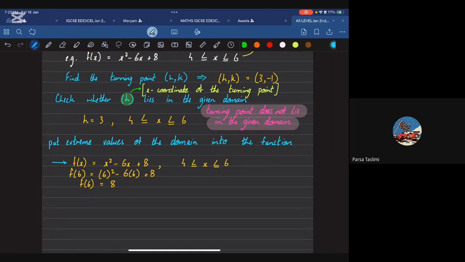It's just as simple. f of 4 is going to be 4 squared minus 6 times 4 plus 8. 4 squared is 16, sorry, I said 24. 16 minus 24 plus 8. Okay, so this is 0.